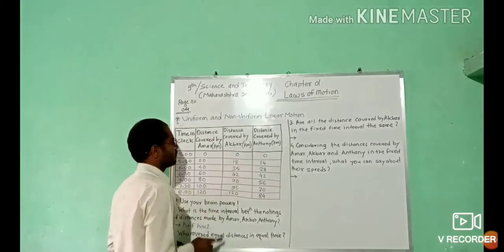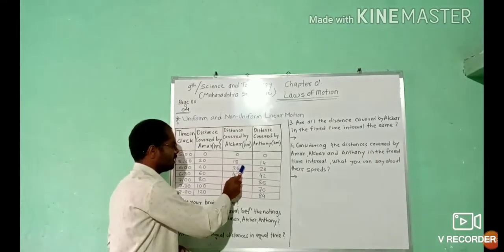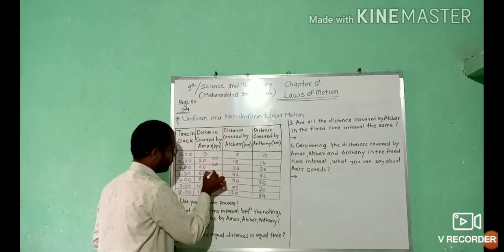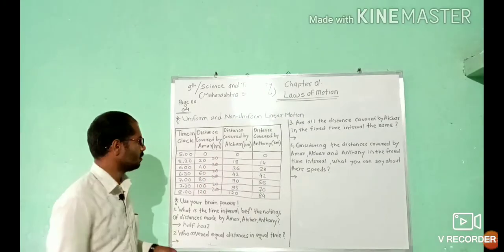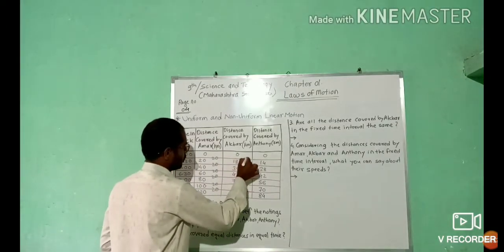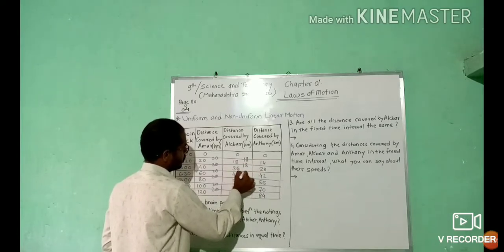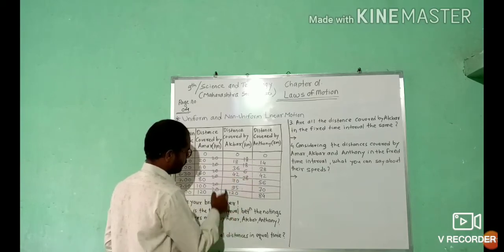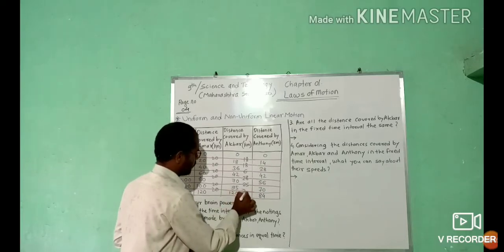Now take Akbar. He has covered first 18 kilometers, then 36 minus 18, again 18. Then 6, then 28, then 25, and again 25.